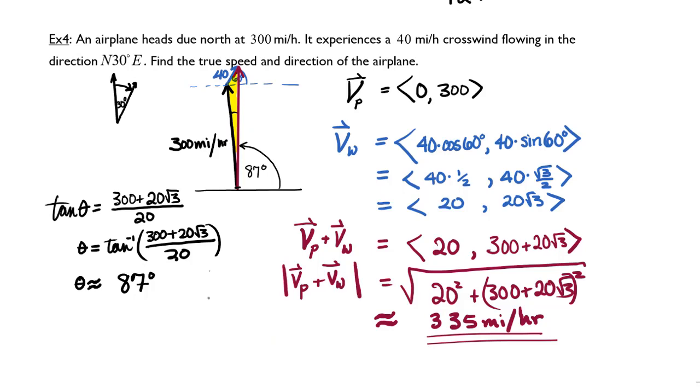This means that my magnitude is 335 miles per hour, and my plane is traveling at north 3 degrees east.